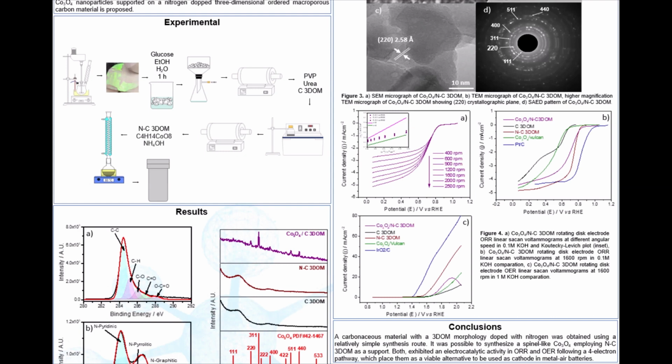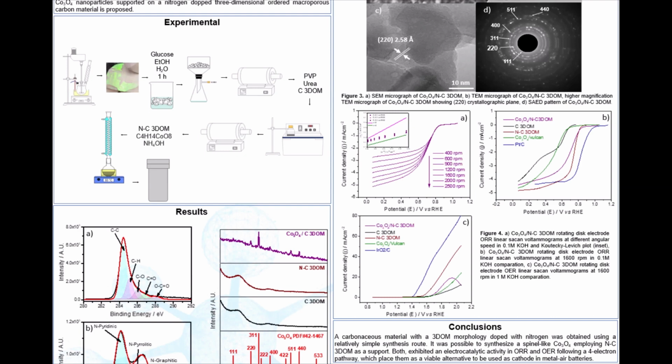Figure 4b shows an oxygen reduction reaction linear scan voltammograms comparison at 1,600 RPM. It can be noticed that both nitrogen-doped 3DOM carbon and the spinel-like oxide supported on it improve the kinetics of this reaction compared to the pristine 3DOM carbon, due to this latter presenting a mixed 2 and 4 electron pathway, and these doped materials only have a 4 electron reaction pathway.